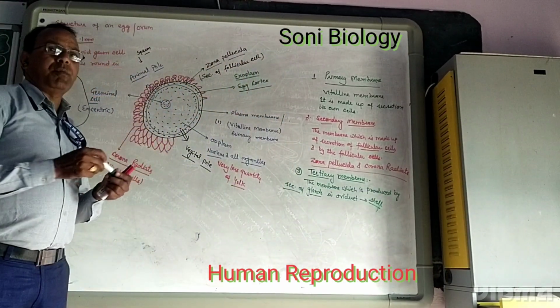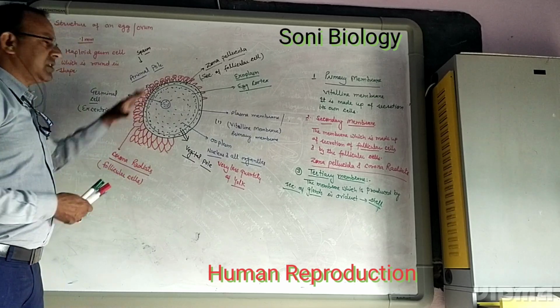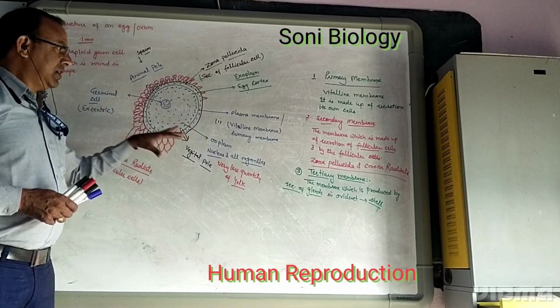These are the three types of membrane which are produced just around the egg.